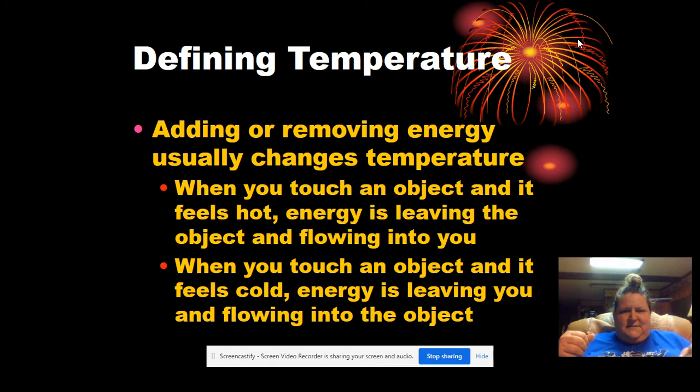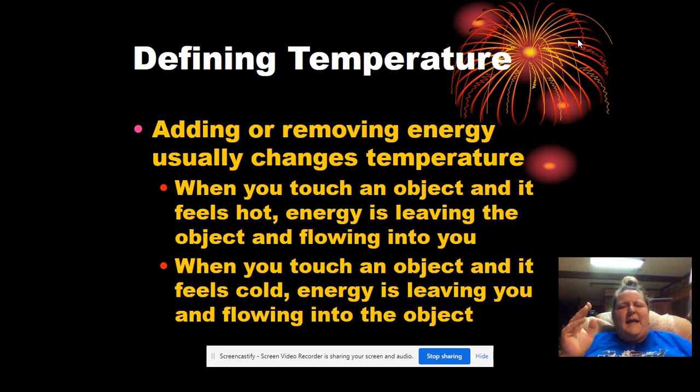In physics, adding or removing energy usually results in changes in the temperature. When you touch an object that feels warm, energy always flows from warm to cool, just like water flows downhill. So if the phone feels warm, the heat energy is leaving the phone and flowing into my hand.